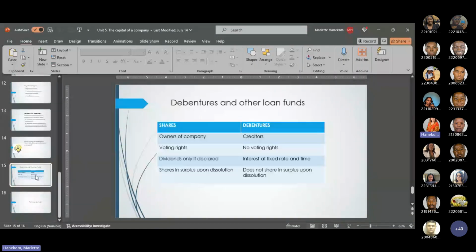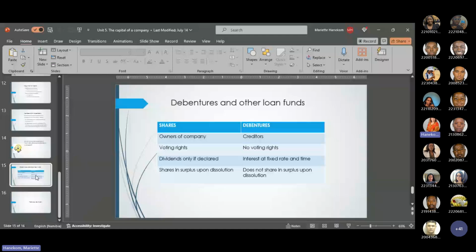Okay, and then the very last bit, the last section of this unit refers to debentures. Sure, you've heard the word debenture as well. A debenture is another way in which you can invest money in a company, by buying a debenture.